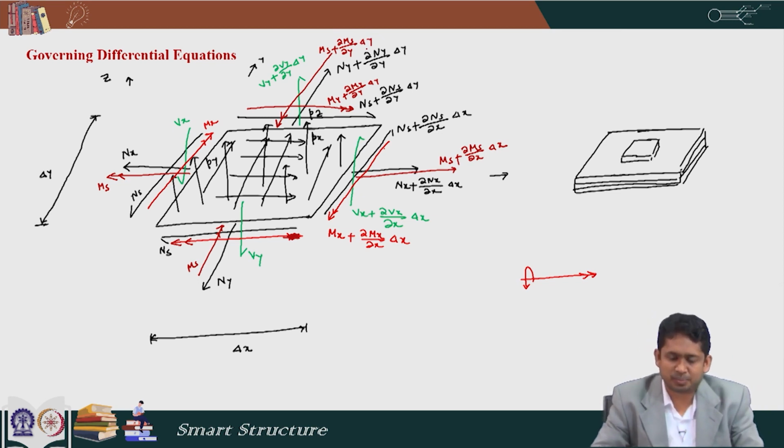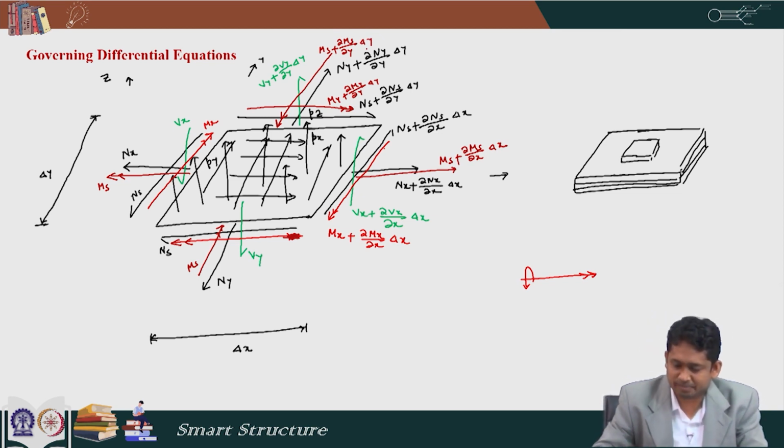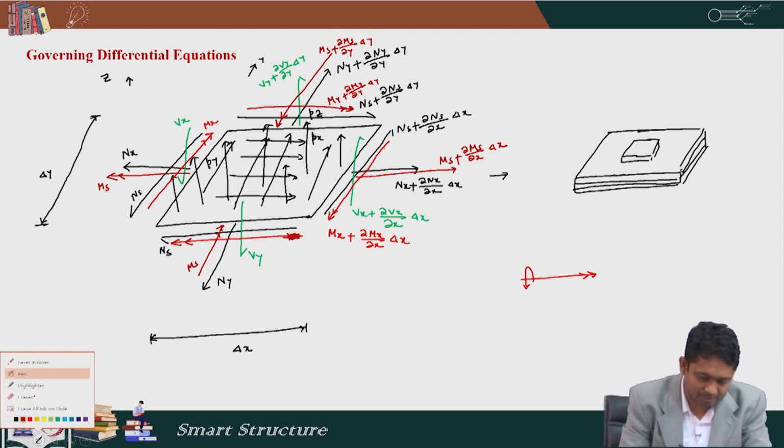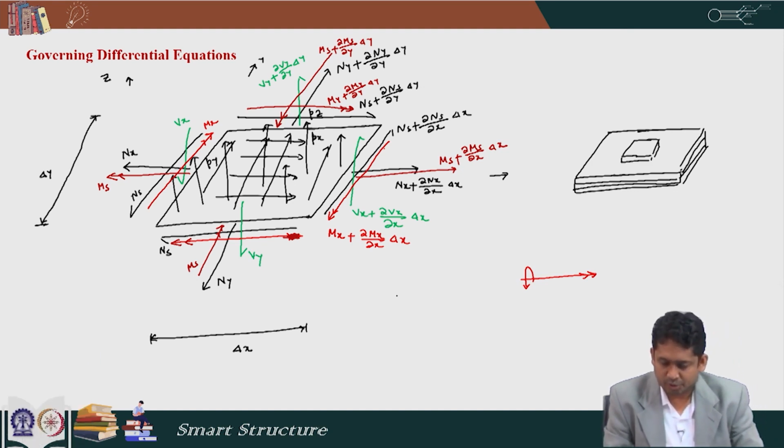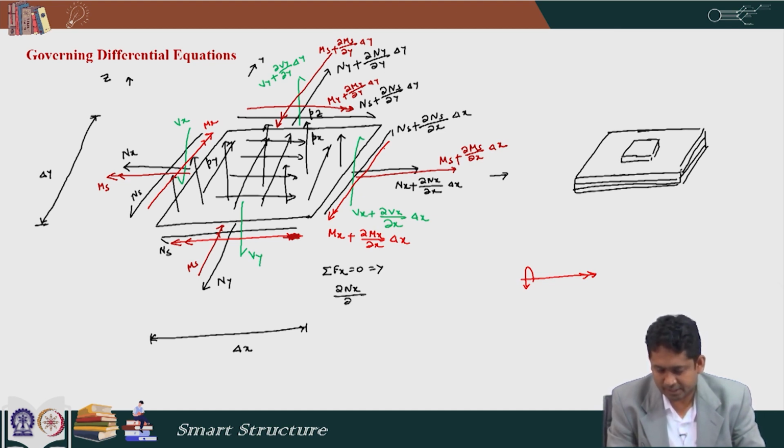Now, we can look into the equilibrium of this entire system. If we do summation of all the forces along x equal to 0, that would give me the equation del Nx by del x plus del Ns by del y plus Px equal to 0.